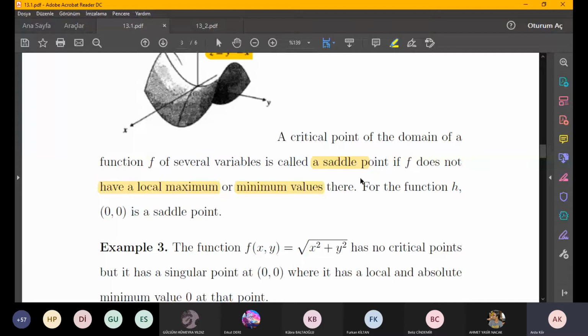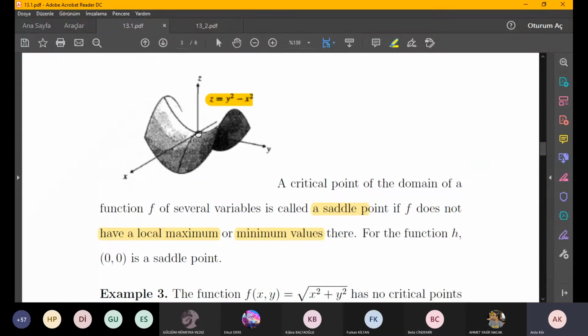So here for this function h(x,y), which is y square minus x square, the origin here will be the saddle point.